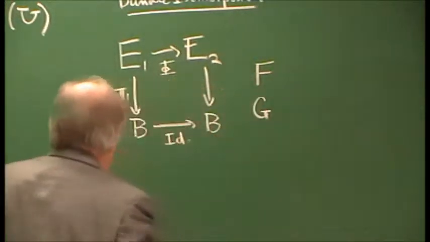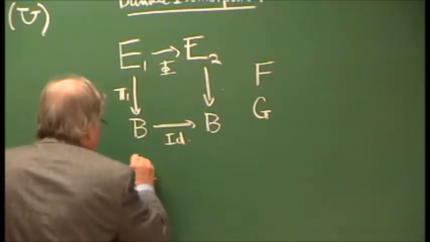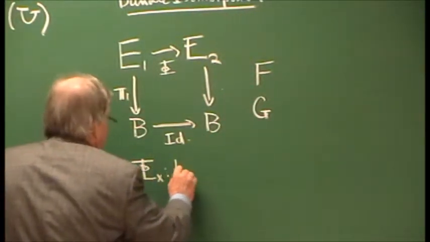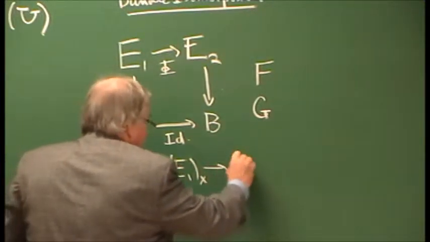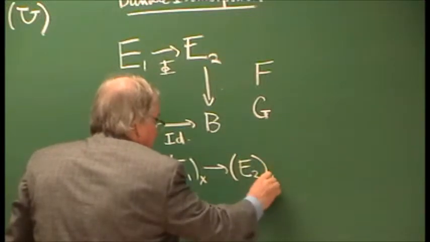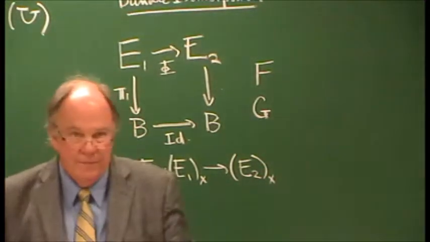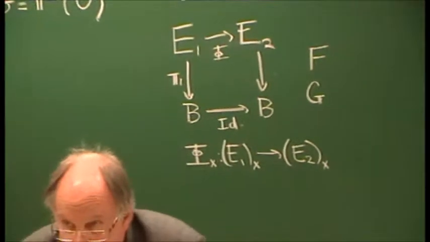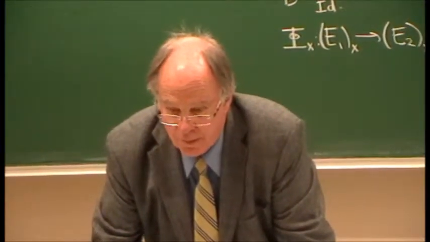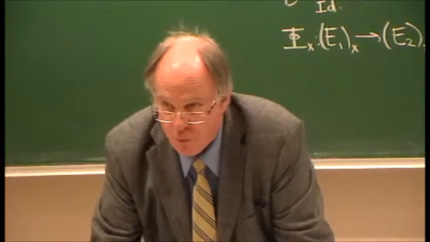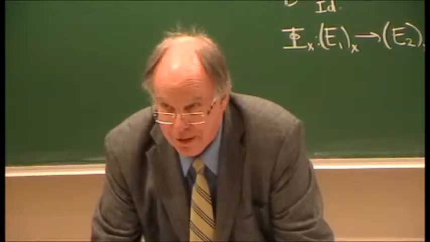That means that these mappings exist from fiber to fiber, but over the same point. If the fibers are vector spaces, what would you hope for this mapping? You would hope it would be linear.